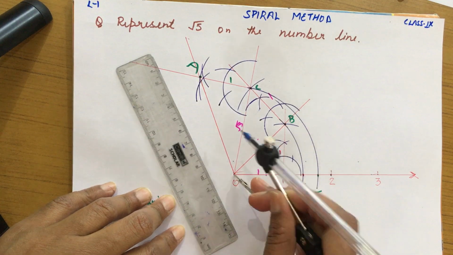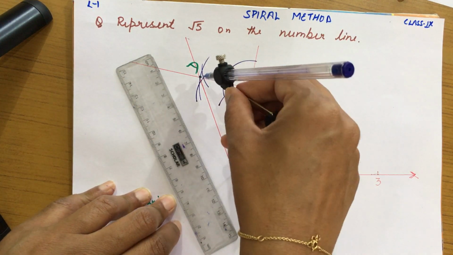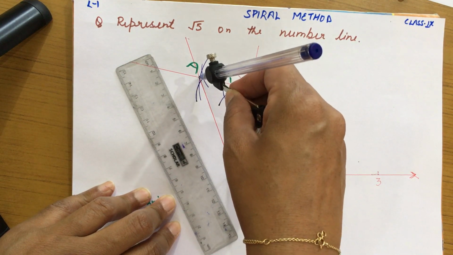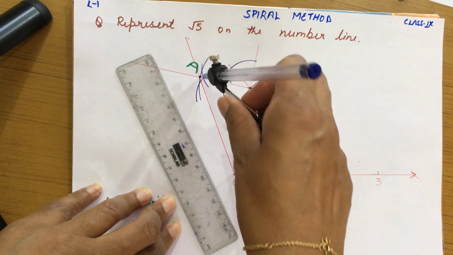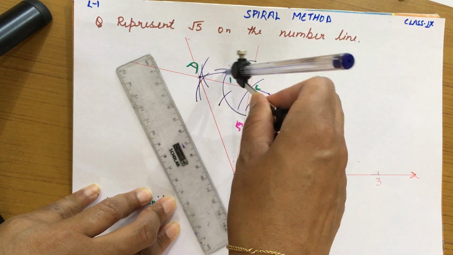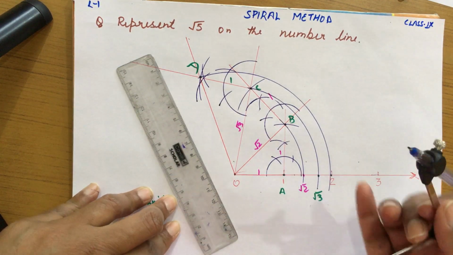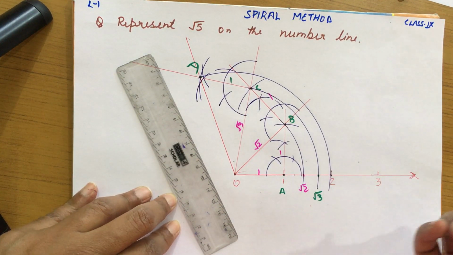And then needle on O point, and pencil or pen on D point. See, so it will intersect at 2 only.